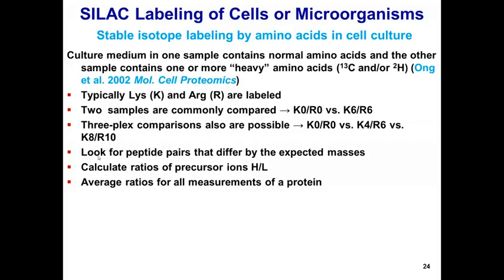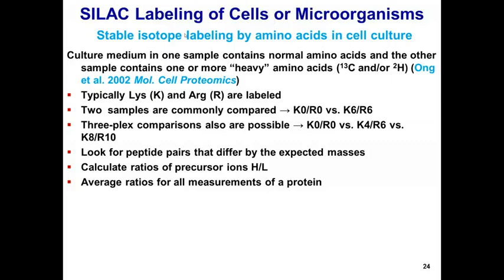The analysis is basically like any other LC-MS/MS experiment, except that we look for peptide pairs that differ by the expected mass but coelute. This is an important consideration. Stable isotope labeled peptides are chemically identical to the normal abundance peptides and therefore coelute on the reverse phase separation.